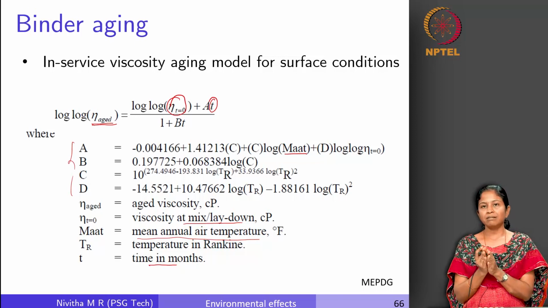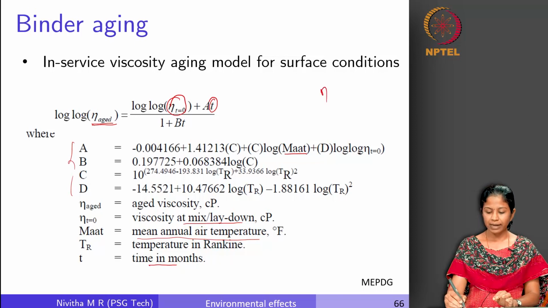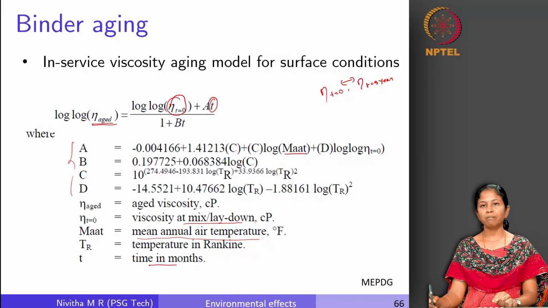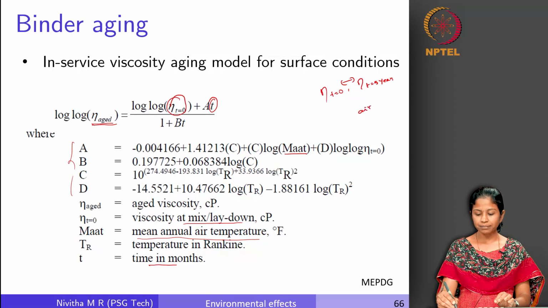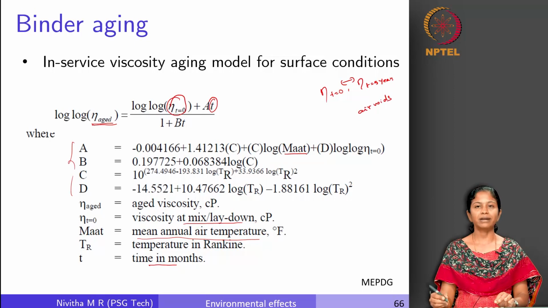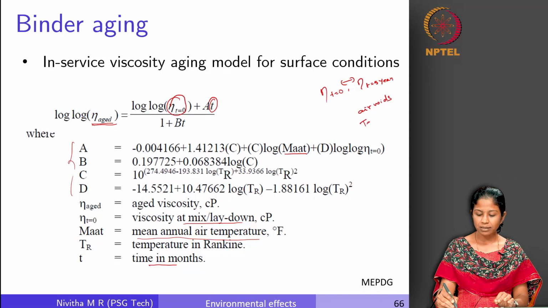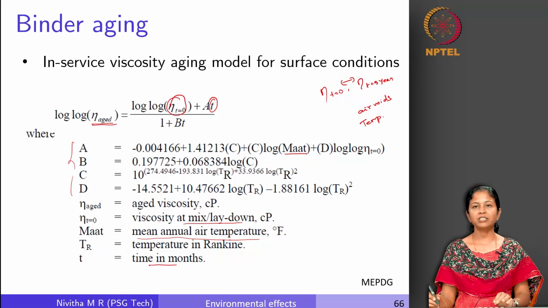So, the relation between, let us say, eta at t equal to 0 and eta at t equal to 5 years, right. This relation is going to depend on a number of parameters. One parameter could be the air void content. If there is a significant amount of air voids, the aging is higher, right, and the other one is temperature in the location.